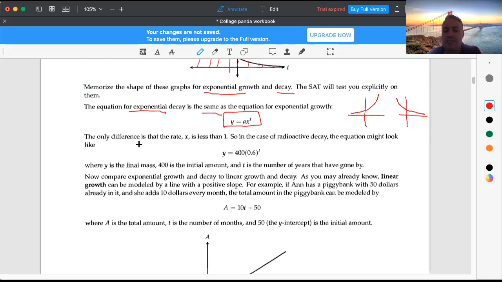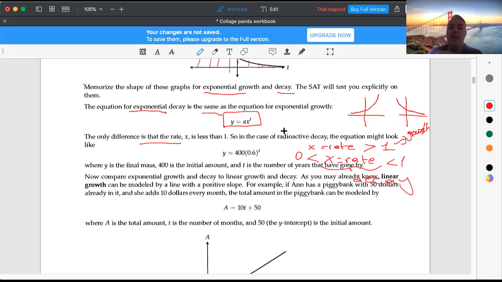The only difference is the rate. When something is increasing, x, which is the rate, is greater than 1. If x, the rate, is less than 1 and greater than 0, this is decay, a decrease. This is growth, which is an increase.